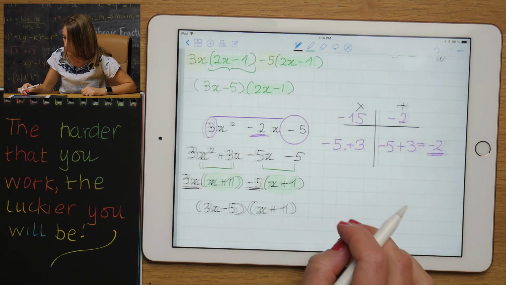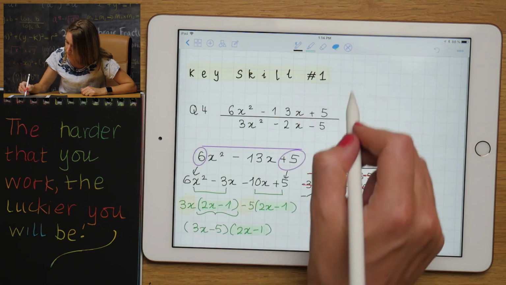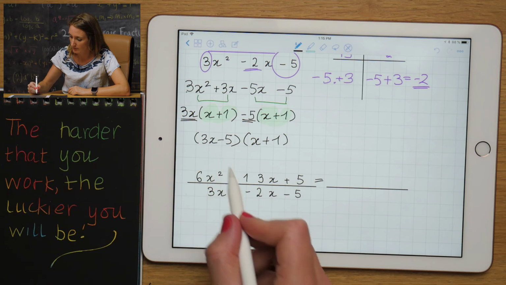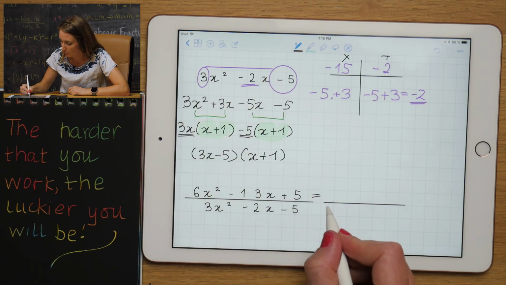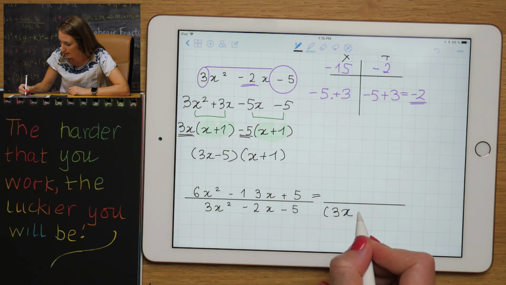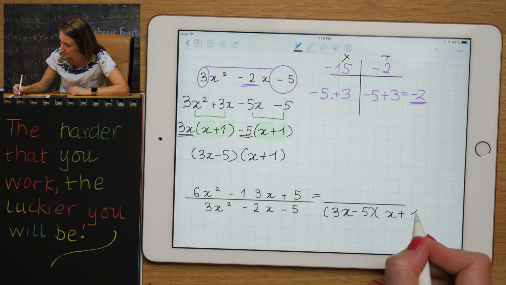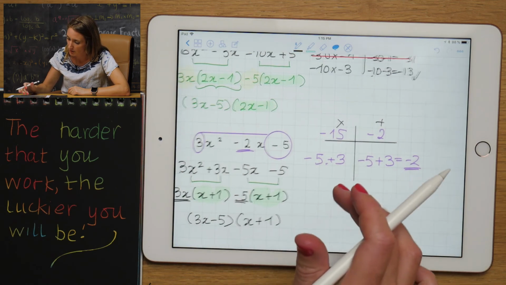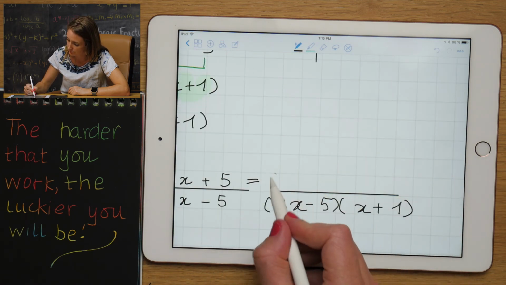This is quite a lot of work. What you want to do is take your original fraction. So we're going to take the two answers that we've calculated here. So for the 3x squared minus 2x minus 5, we factorized it to be 3x minus 5 times x plus 1. And for the 6x squared minus 13x plus 5, we had 3x minus 5 and 2x minus 1.